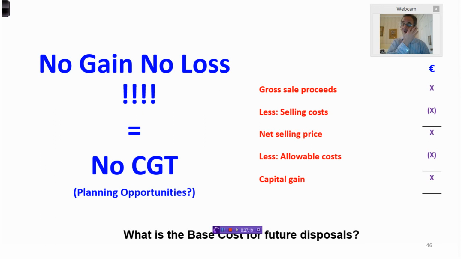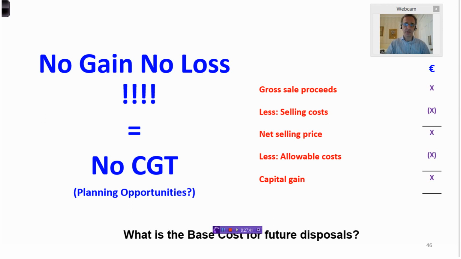So let's just say that we have a husband transferring an asset that cost him 50,000 euros. If we were to do a three-liner, which we don't actually need to, but if we were to represent it on paper, we would have proceeds equals 50, cost equals 50. The balance is 0, so no gain, no loss.